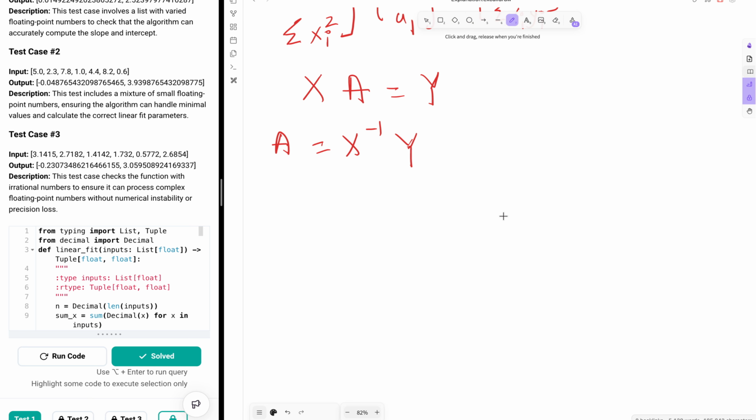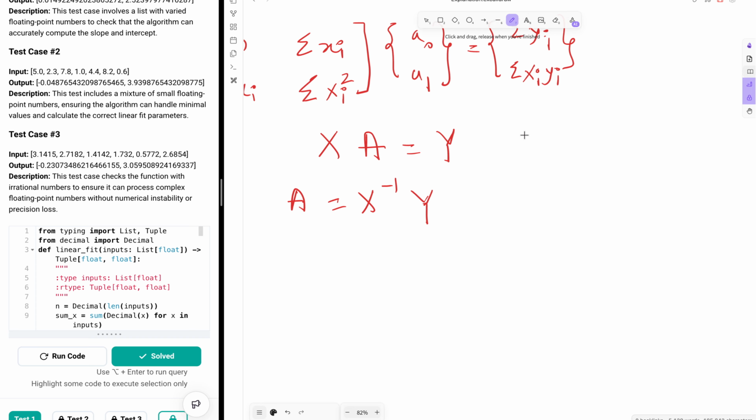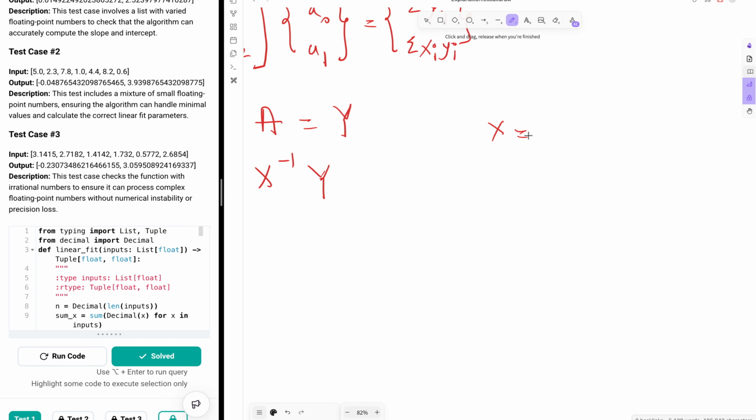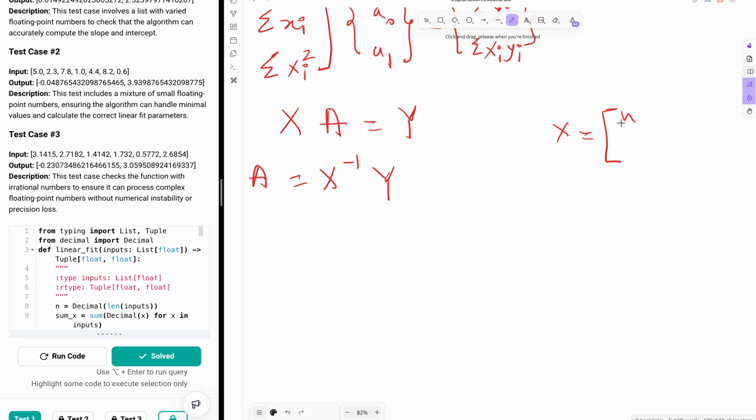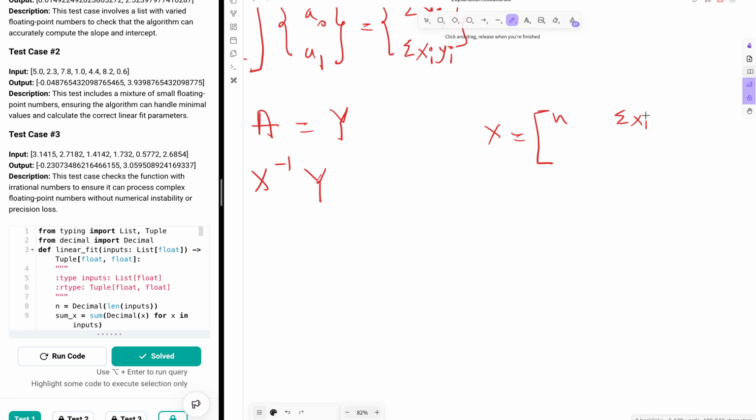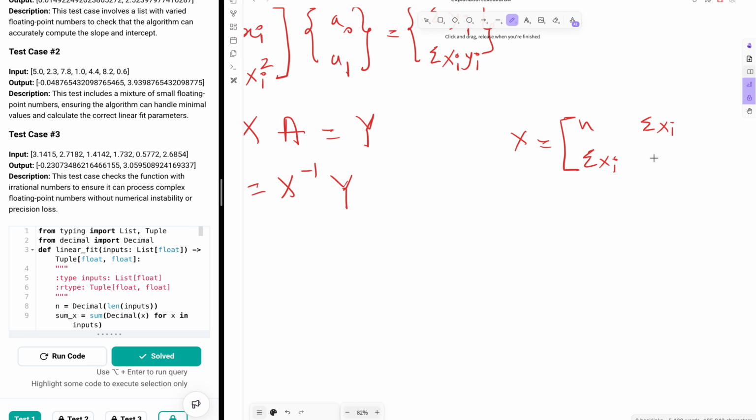And now that we have our x in this form, where x is n, summation of xi, summation of xi, and summation of xi squared, all we need to do is get the inverse of this x.